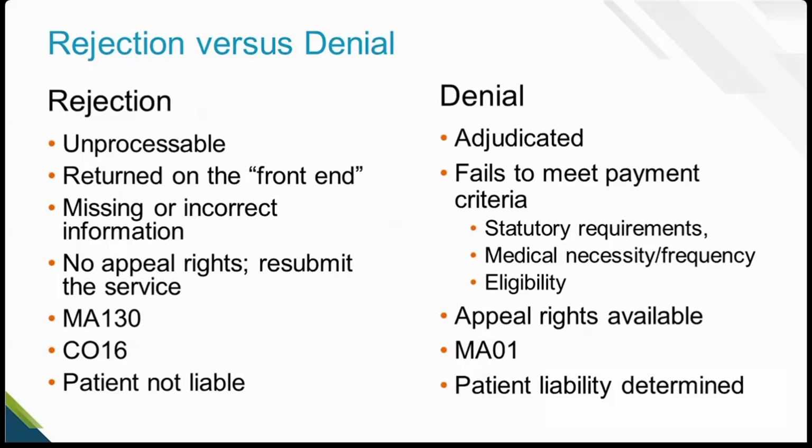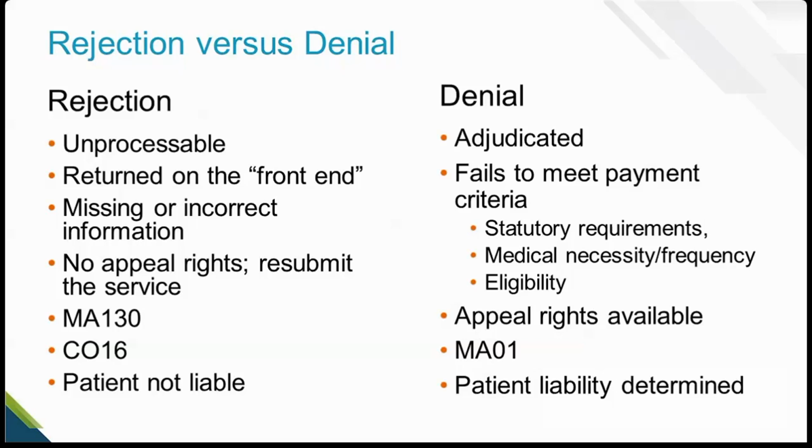It also tells you, please submit a new claim with the complete or correct information. You will find a group code on those claims of CO16, and that means it's a contractual obligation. I'll be talking about that in a little more detail in just a bit. A CO16 means you can't bill your patient.